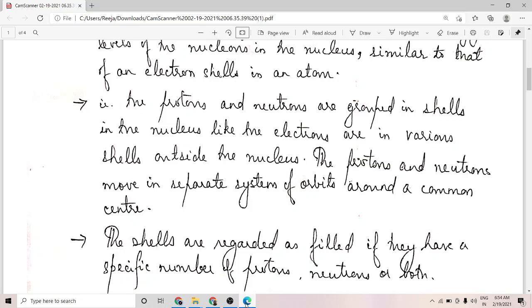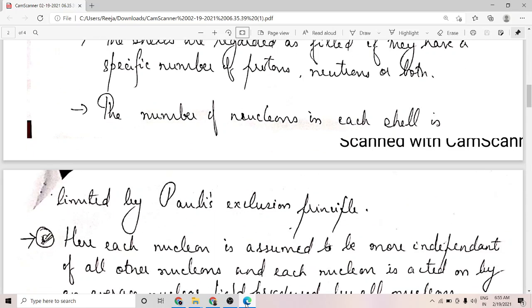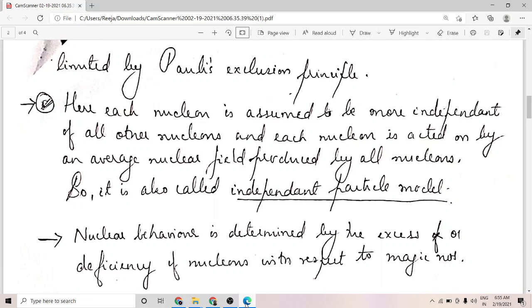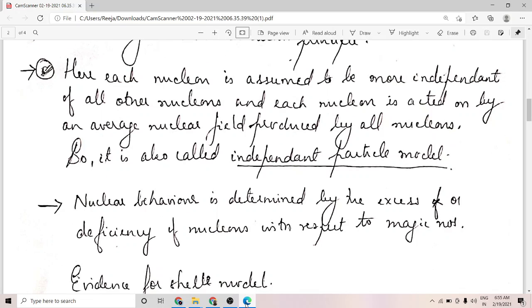These numbers are called the magic numbers, and the number of nucleons in each shell is limited by Pauli's exclusion principle. Since each nucleon is assumed to be independent of the other nucleons and each nucleon is acted upon by an average nuclear field, it's called the independent particle model. Now, the excess or deficiency of nucleons with respect to the magic numbers is responsible for the nuclear behavior.